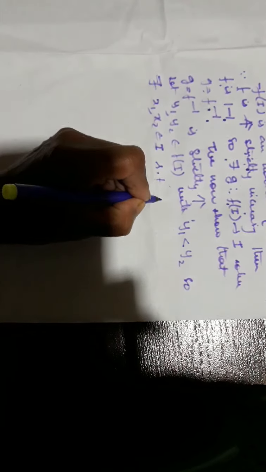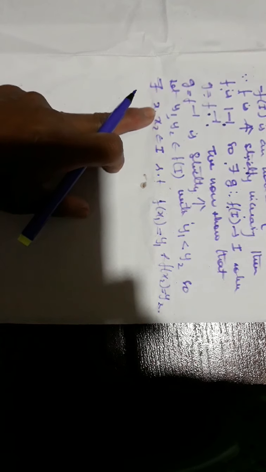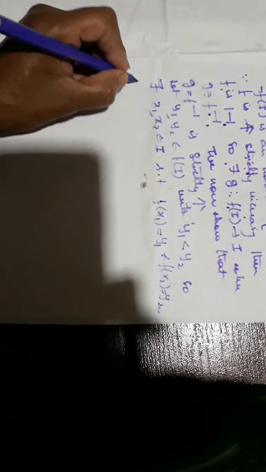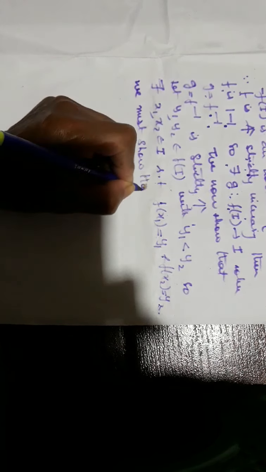So there exist x1, x2 belonging to I such that f(x1) is equal to y1 and f(x2) is equal to y2. In order to show that f inverse is strictly increasing, we must show that x1 is less than x2.